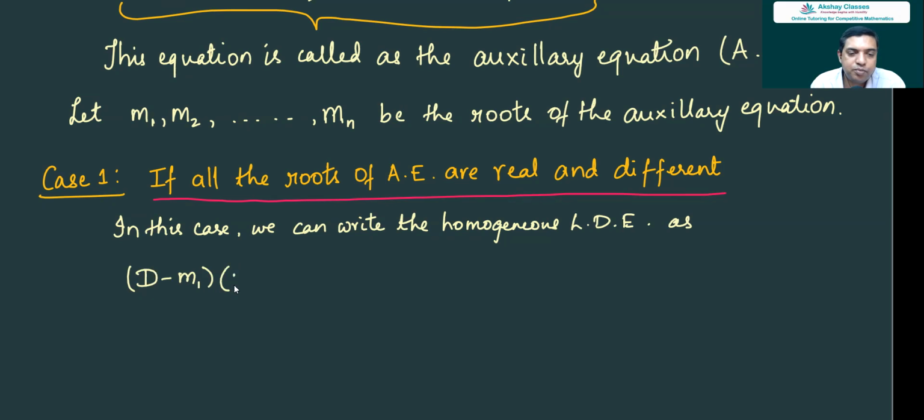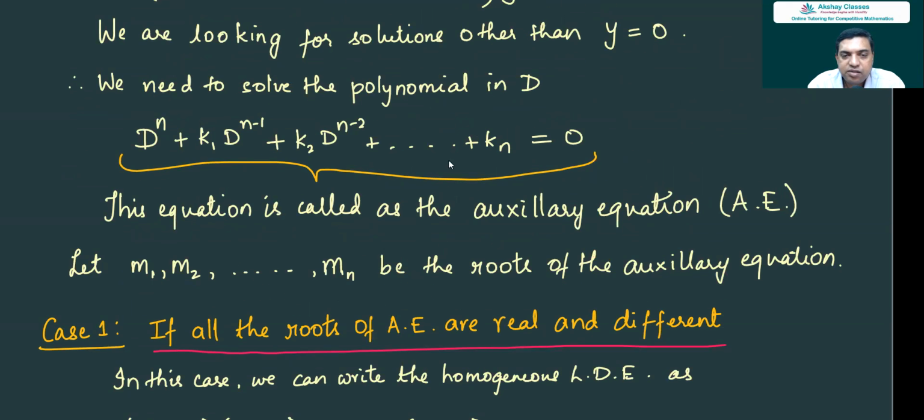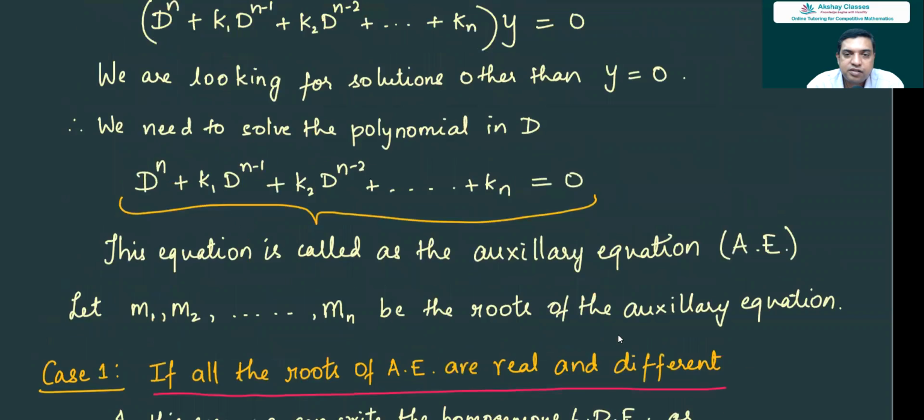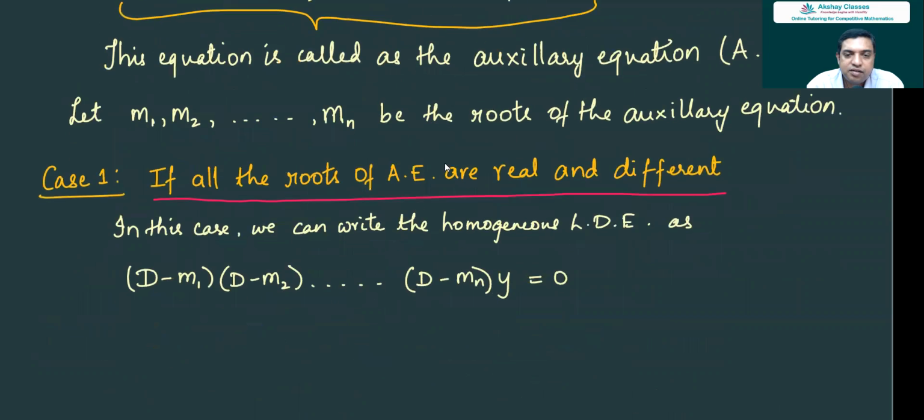If a polynomial has n roots and all are real and different, then by the factor theorem, D minus the root will be a factor. So you will have n factors multiplied by y.